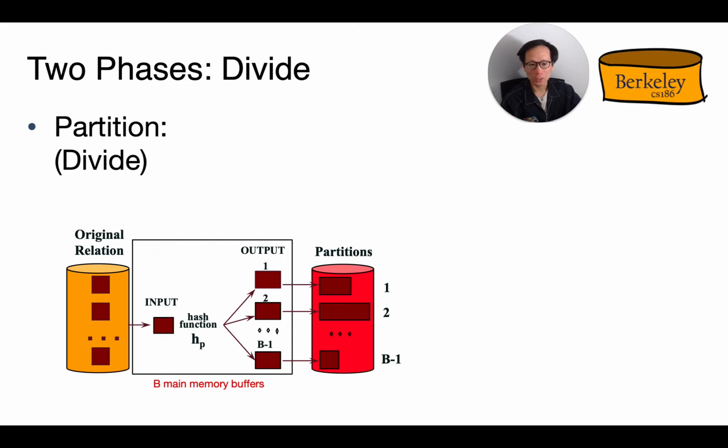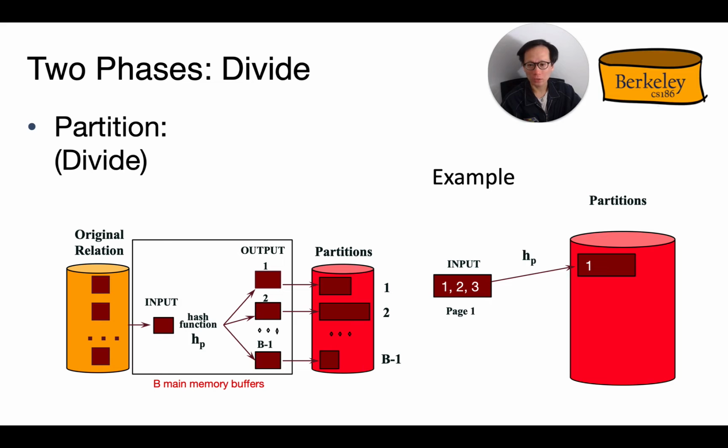For example, say each data page can hold 3 records max, and the first page contains 3 records, 1, 2, and 3. h sub p might put the first record, 1, in the first partition, while it might put the 2 record in the second one.